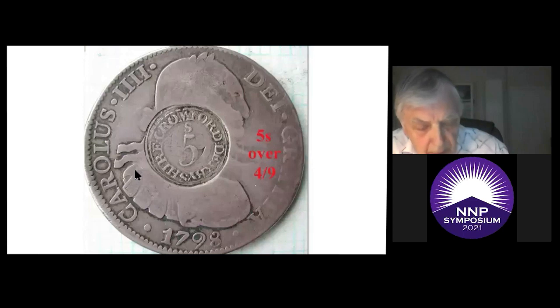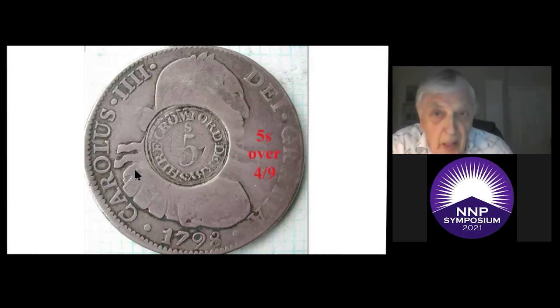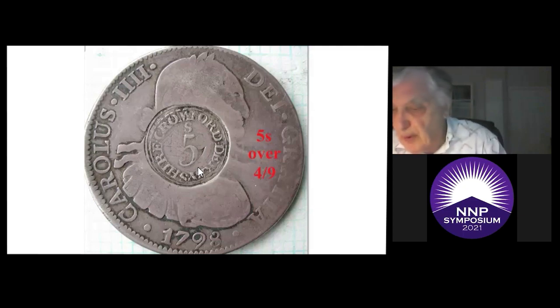Solutions included melting, cancellation, and repunching a revised value on the coin. These actions would, of course, help to explain the rarity of some issues. Here we see an example of 5 shillings punched over 4 and 9, a previous mark.